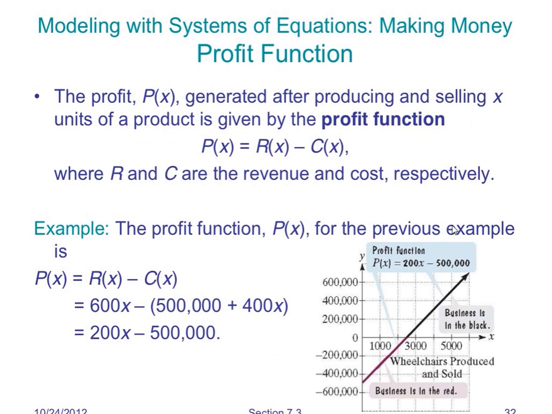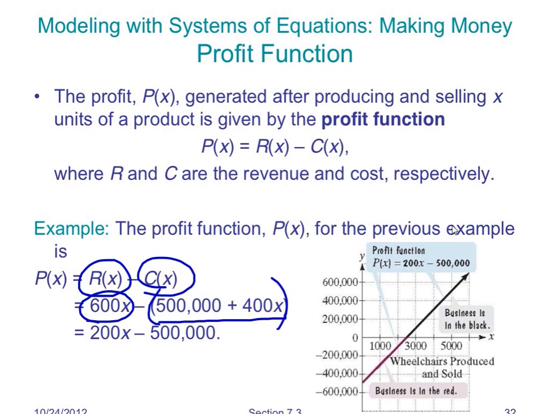Profit function is if we subtract those two functions that we just found. If we take the revenue and subtract the cost, that will give us profit. In the example that we just did, our revenue function was 600x. If we subtract our cost function, which was 500,000 plus 400x, be very careful here.